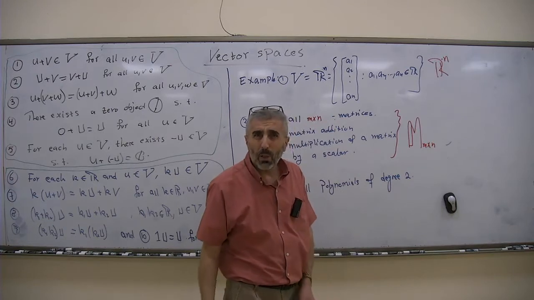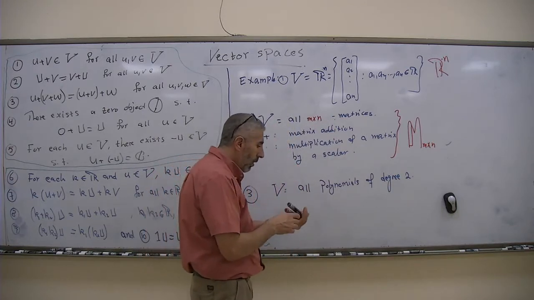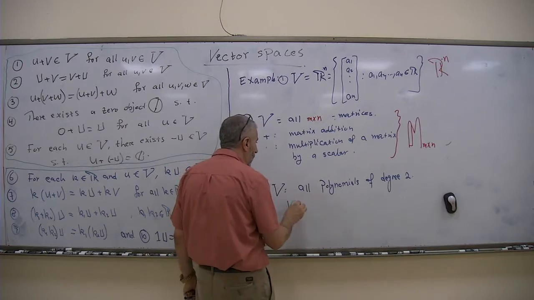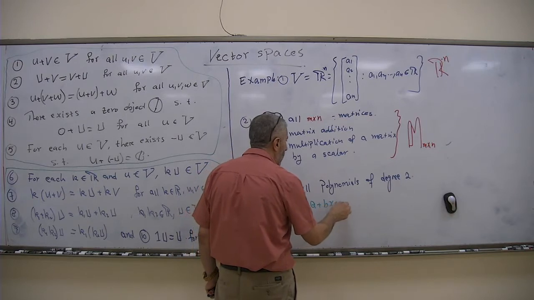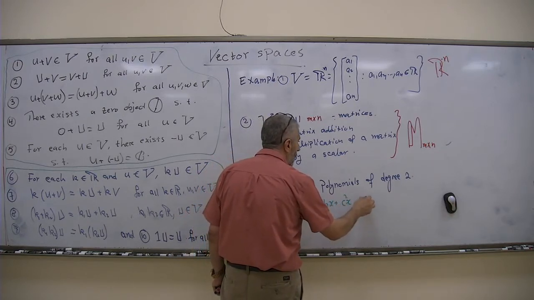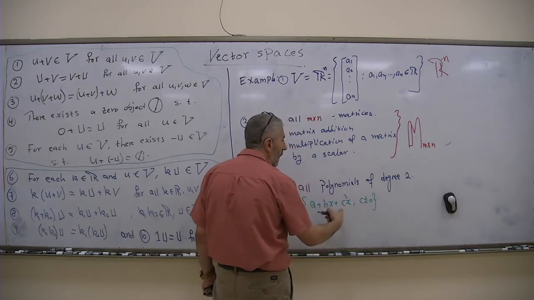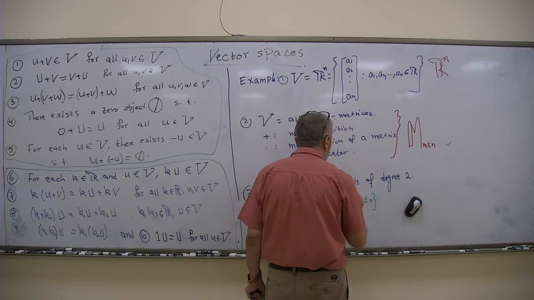What do we mean by a polynomial of degree 2? Recall that: V is going to be all polynomials a plus bx plus cx squared, such that c is not 0. With c not 0, we guarantee it is degree 2.